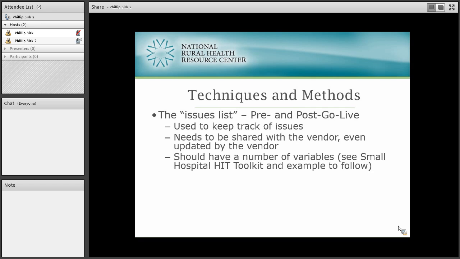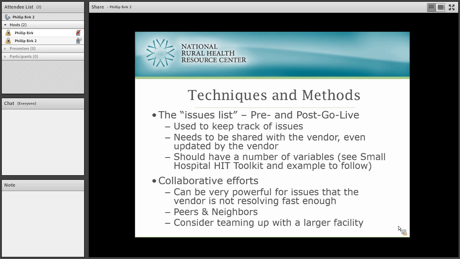Oftentimes when we implement an electronic health record, the project manager from the vendor will set us up with an issues list, something that you want to use to keep track of those issues. And especially during pre-go live, it's shared or even supplied by the vendor, and they maintain it. Post-go live, too often the only time we pull out the issues list is when we have a serious issue, and we're mad because the vendor's not performing.